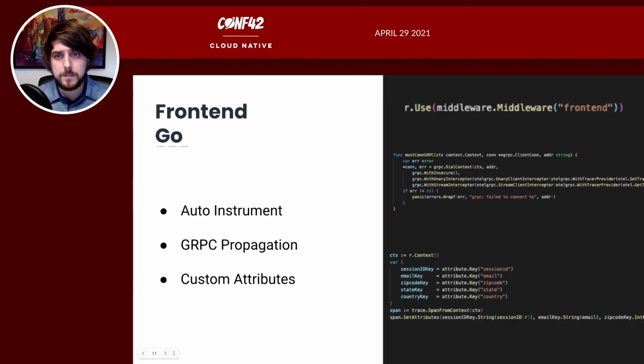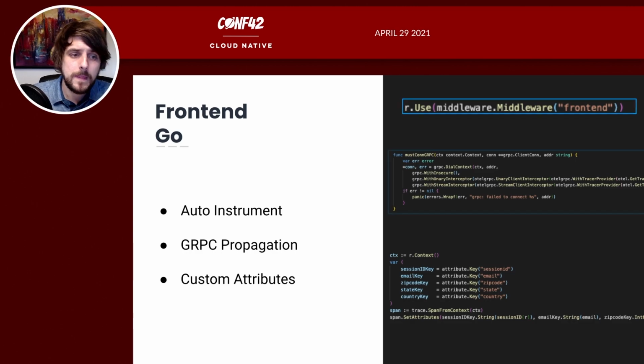Beyond that, there's a couple of other pieces in code that I wanted to add. You can see at the top that r.use middleware. When you look at the code, that is me taking that OpenTelemetry middleware and wrapping my Gorilla Mux router and getting that auto instrumentation piece. That's what I wanted, right?